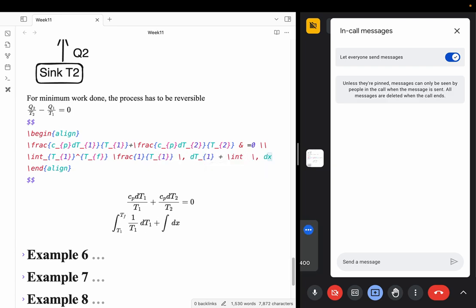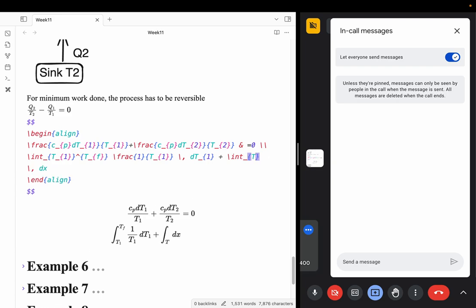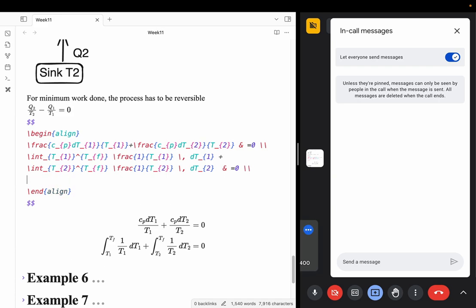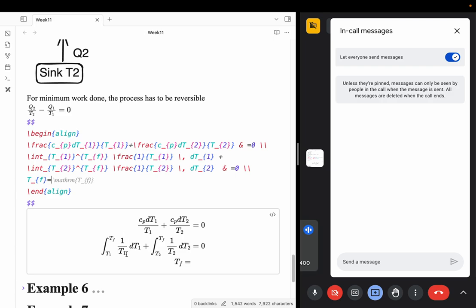Similarly for the second one, you're going from T2 to the final temperature, which should be the same for both of them. So you can do the integration and get the final value of T final. So if you do this, this will be ln Tf by T1 and this will be ln Tf by T2.